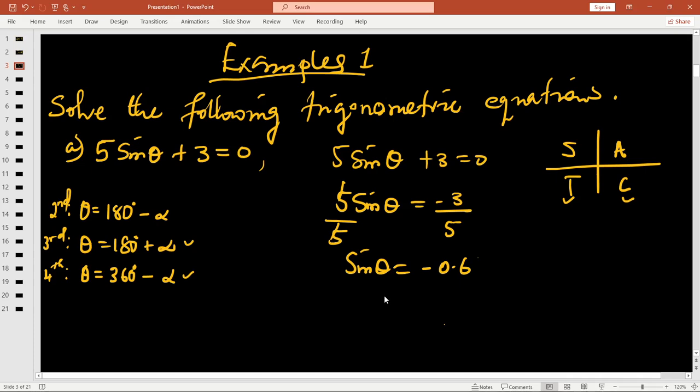Theta here is equal to sine inverse of 0.6. Sine inverse of 0.6 gives us 36.87 degrees.